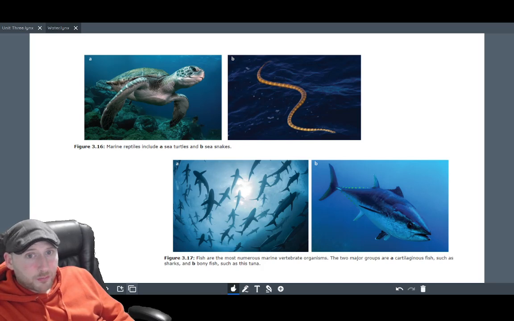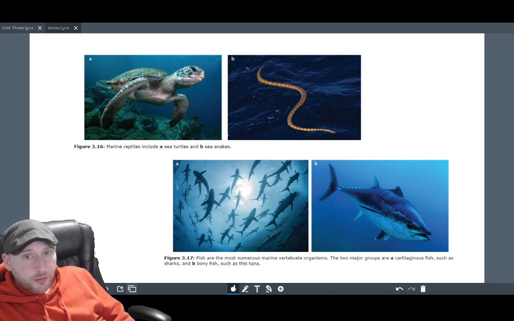The way that they're covered in scales. The way that they breathe oxygen, neither of these are completely aquatic. They have to come up for oxygen. And they're both cold-blooded too, so they need to warm up to be able to get going, whereas mammals, for instance, have warm blood already. And then we've got the big category, the fish.